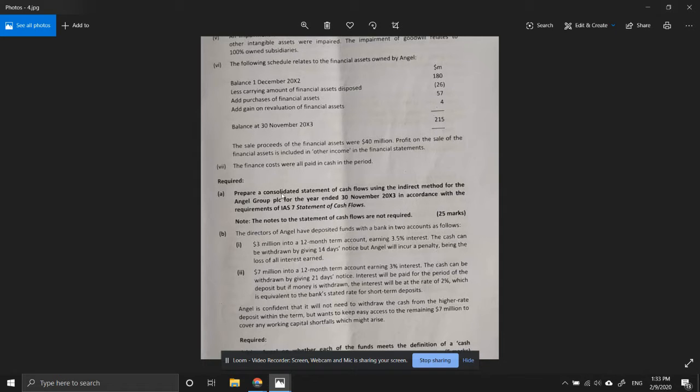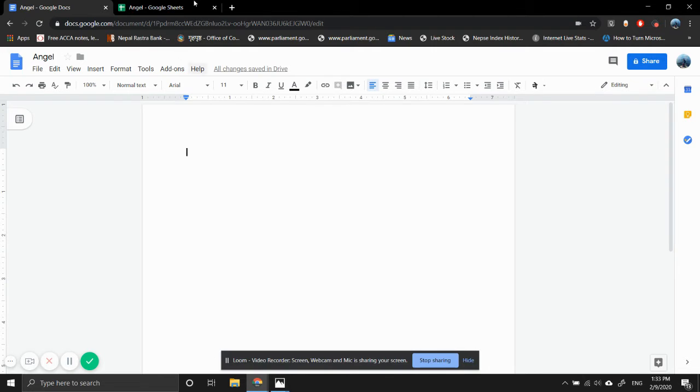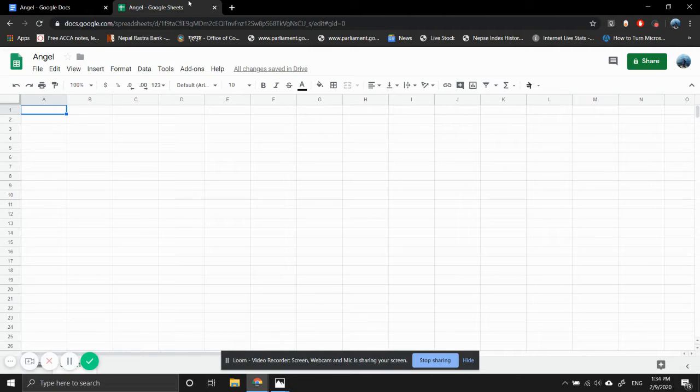So we are required to prepare consolidated statement of cash flows using indirect method for the year ended 30th November 20x3 in accordance with the requirements of IAS 7. The notes to the statements of cash flows are not required. Okay, easy. So let's go into this directly.